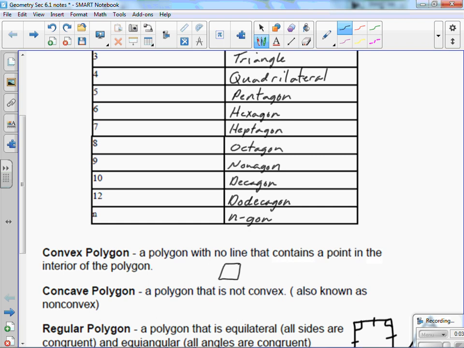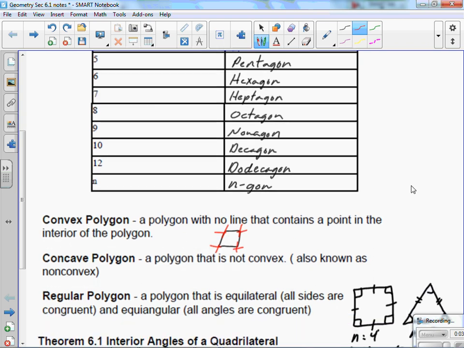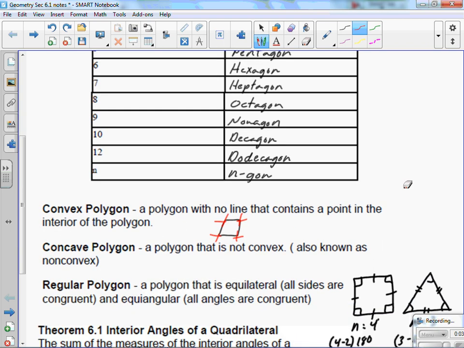So if we have a polygon, what that means is if I take the segments that make the sides and I extend those out, if it's convex, all of those extensions are going to be on the outside of the figure. They're going to go to the outside. A concave polygon would be something more like this, where if I extend some of those sides, they're going to go into the interior of the polygon.